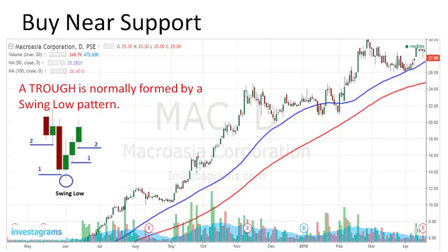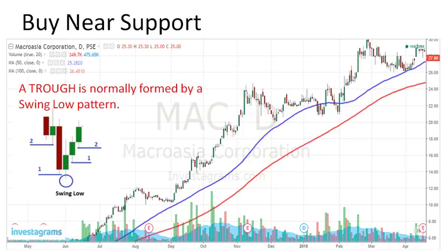So what is a swing low pattern? It's a 5 candle pattern wherein meron kang first low, and then second low, and then meron kang third low, which is lower than the 2 previous lows, yung gitna niya, yun yung pinakamababang low.